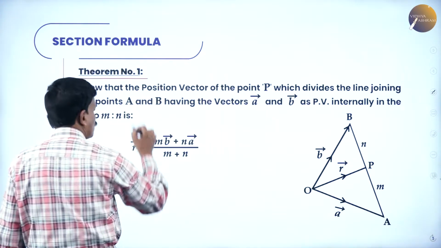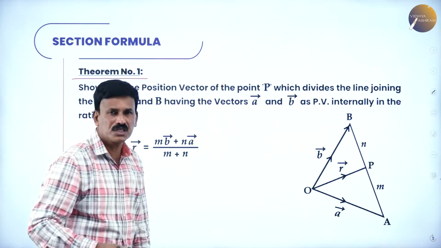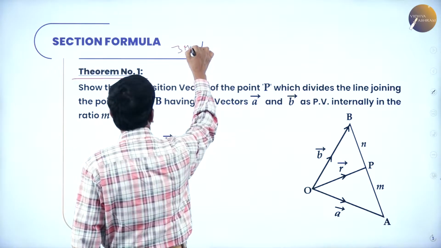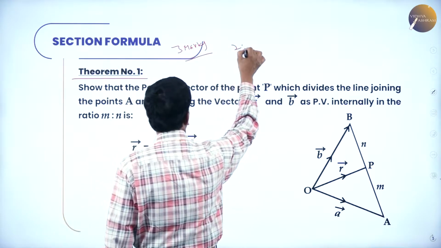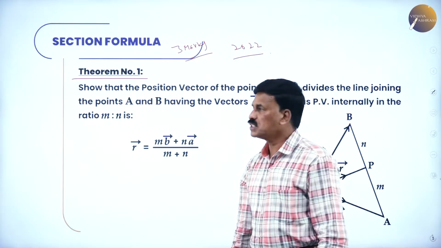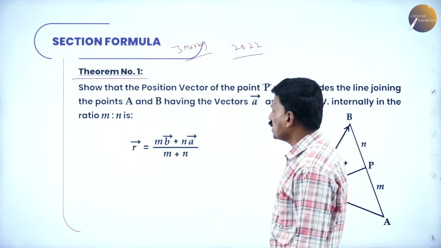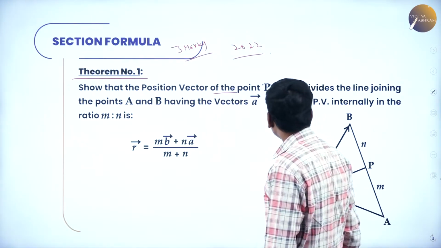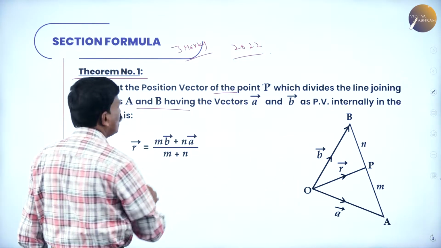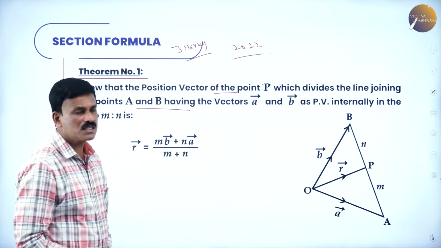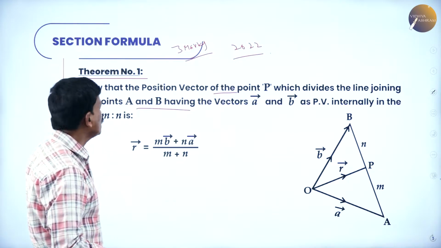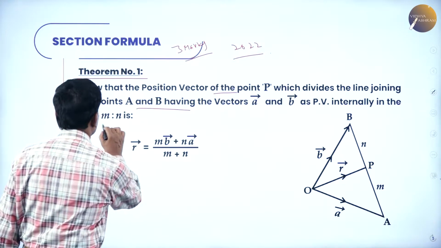Now the very important theorem or property you are going to study in vectors is this very important derivation for 3 marks. Usually you can expect this question in your 2022 examination for 3 marks. What is the problem? Show that the position vector of the point P which divides a line joining the points A and B, having the position vectors vector A and vector B, internally in the ratio m is to n.